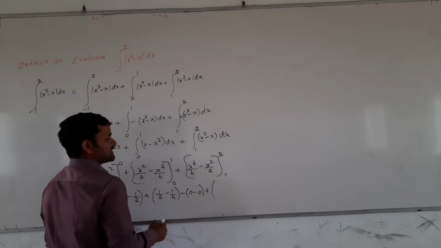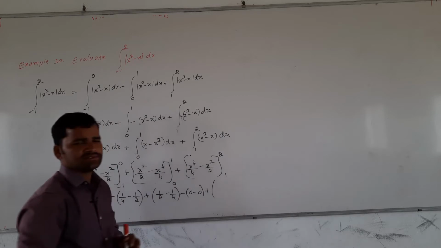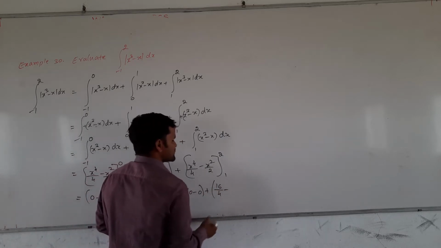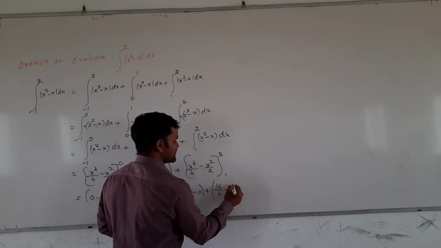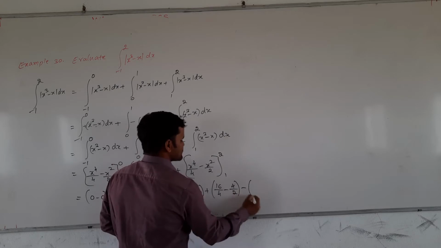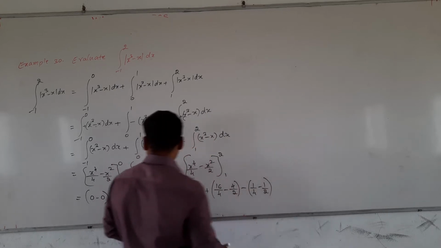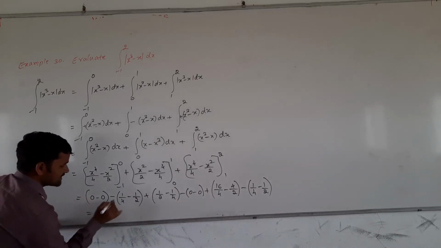Plus of, now substituting the upper limit here 2 raised to 4, 2 into 2 into 2 into 2, 4 times, that is 16 by 4, minus of 2 square by 2, which is 4 by 2, minus of substituting the lower limit 1 by 4 minus 1 by 2. It is 0 only, leave it.